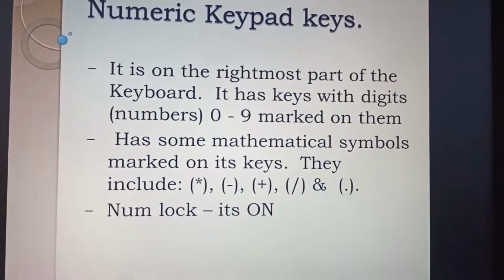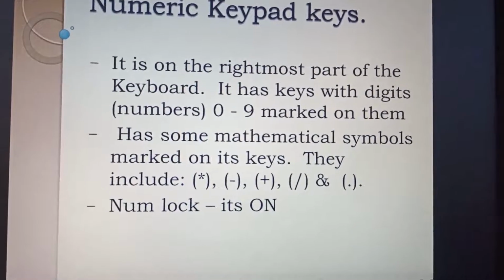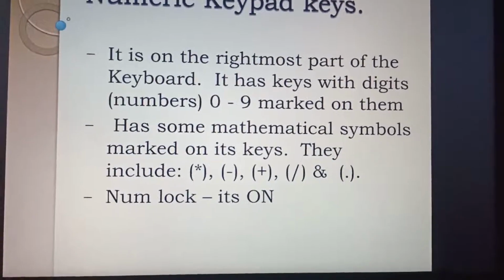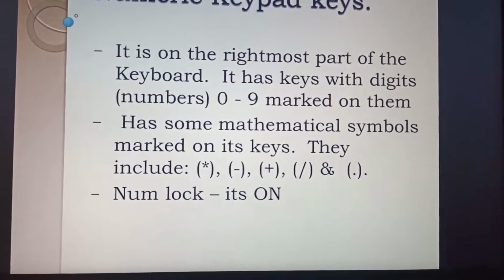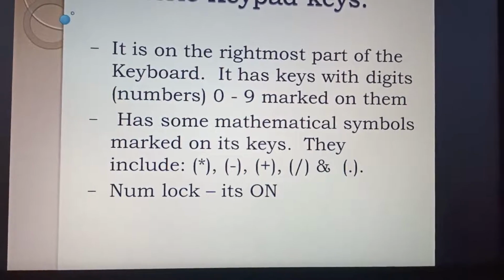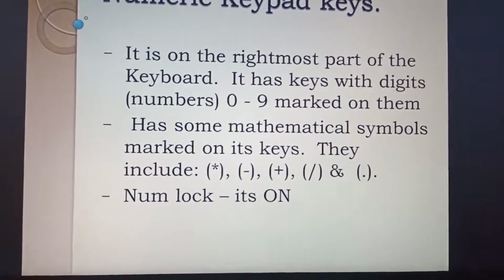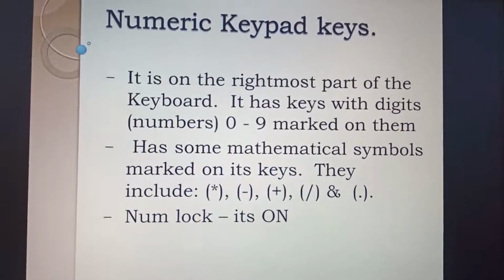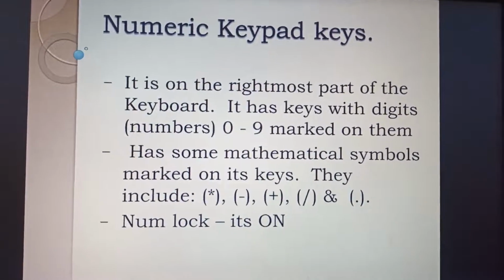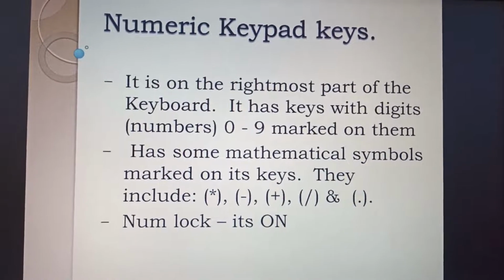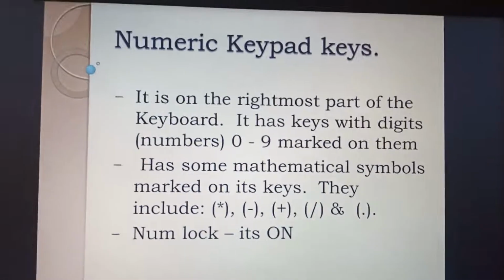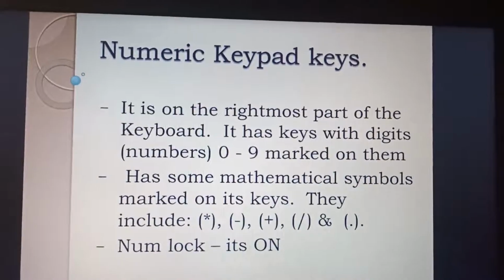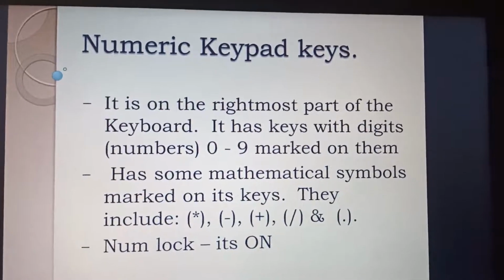They also have mathematical symbols that are used for calculations, like multiplication, addition, subtraction, division, and decimal. If you want to use these keys, you have to make sure that the Num Lock key is on. You press it to turn it on so that you can use the numeric keypad keys.